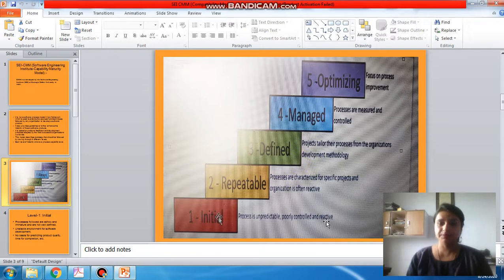Next is repeatable. Here in this process we have studied the project and we have defined where we need to change or where we need to enhance.